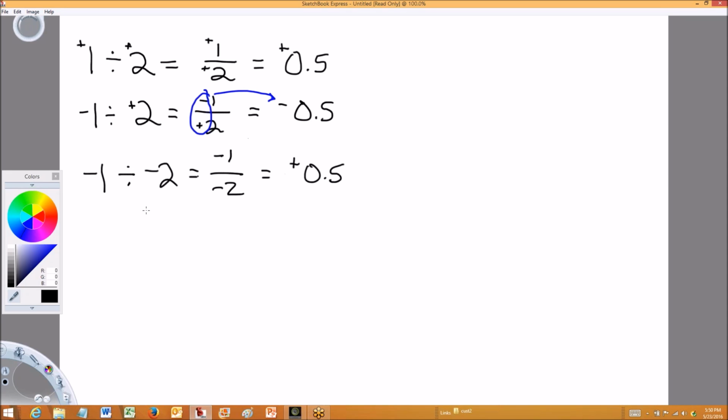Just like in multiplication, when you have 2 negatives, it makes a positive. In division, 2 negatives make a positive. So the same rules apply to multiplication and division. Okay, and just for completion, we can do parentheses, just like before.